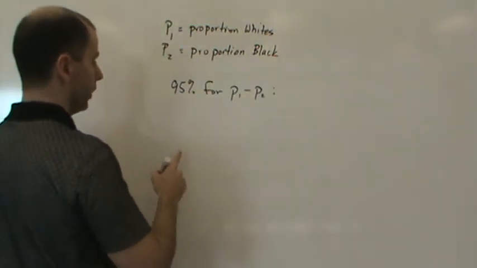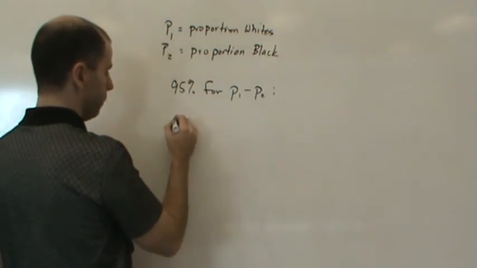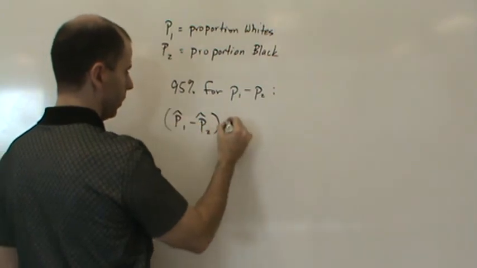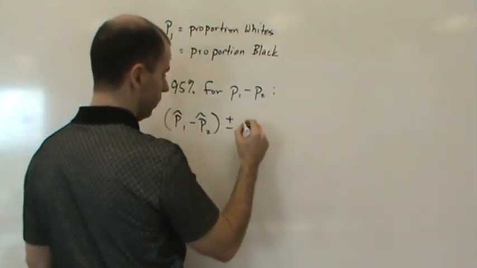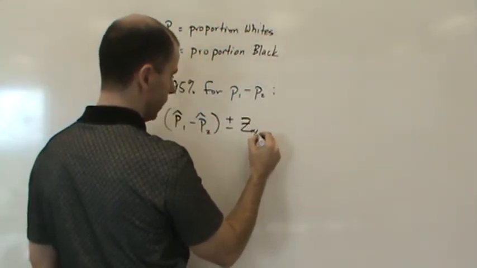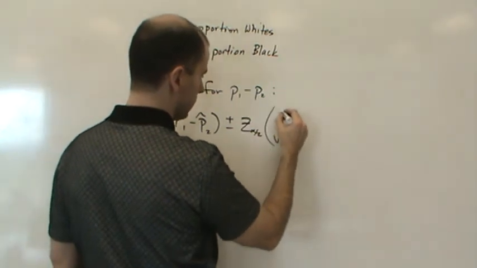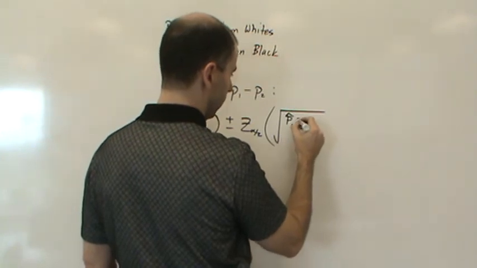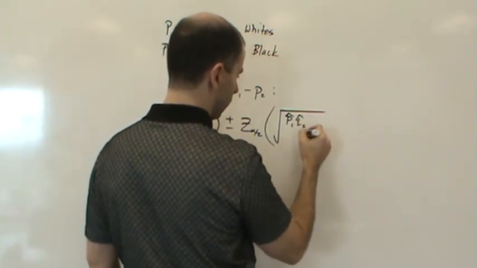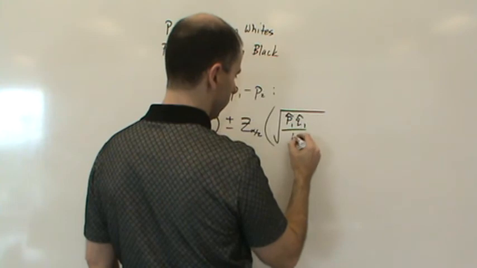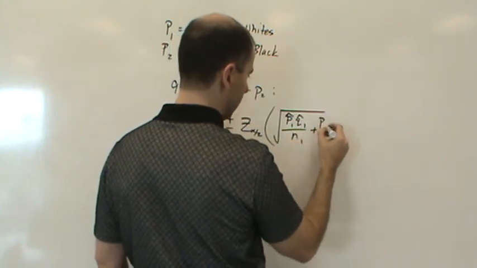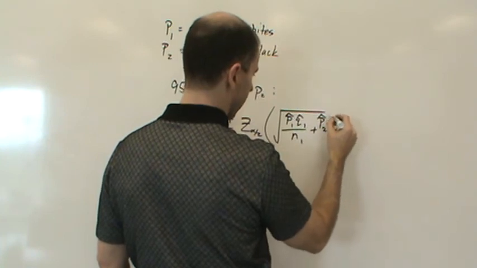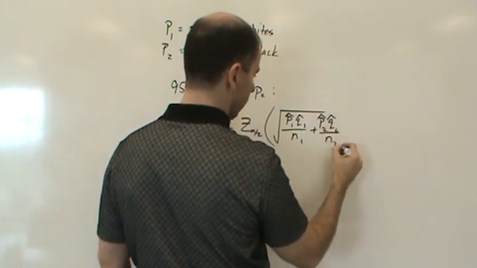So again, we're going to use the formula P hat 1 minus P hat 2 plus or minus our margin of error, which is Z alpha over 2 times the square root of P1 hat Q1 hat over N1 plus P2 hat Q2 hat over N2.